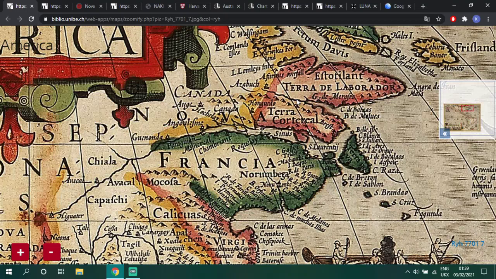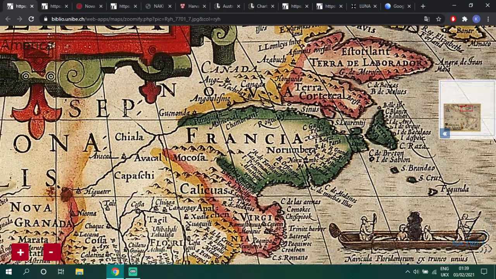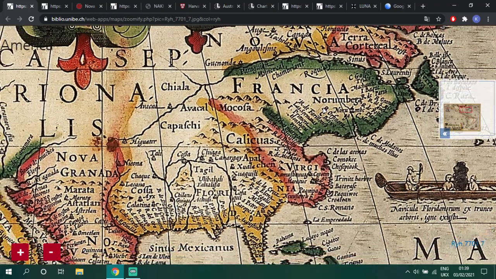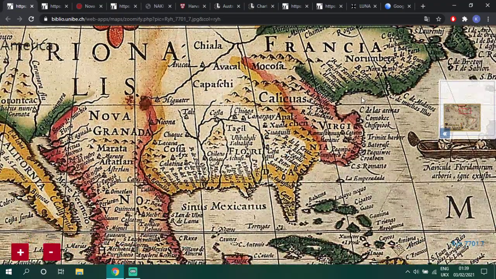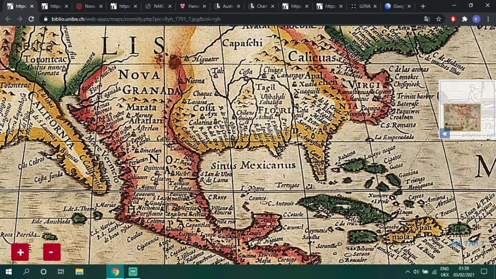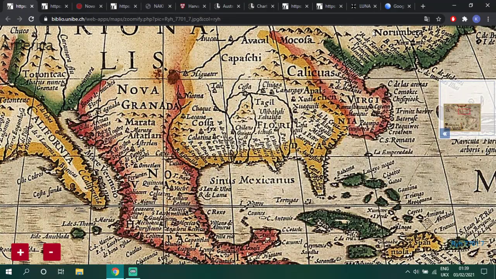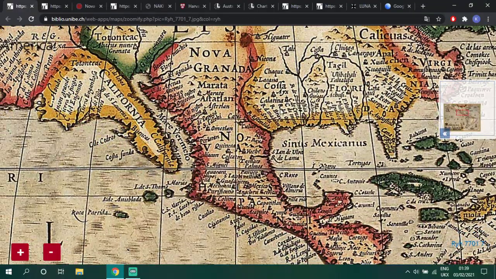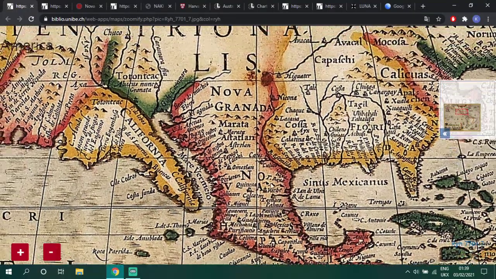So yeah, Terra de Labrador, Terra Rio, France, Virginia, still Virginia, Calcius. Calcius is definitely a Roman name. And then Nova Grande.